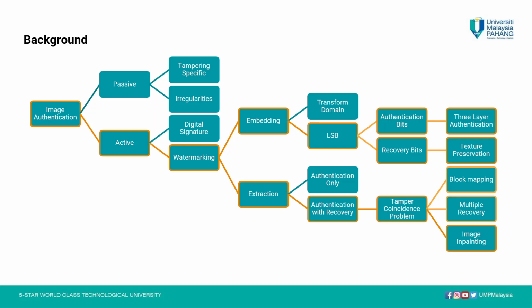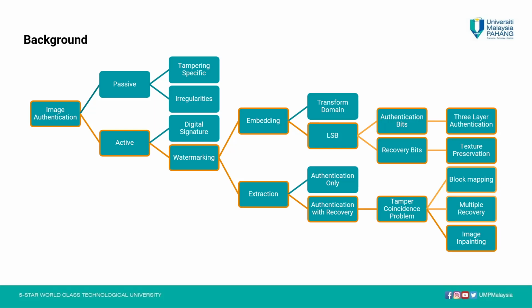The other technique is watermarking, where the recovery data and authentication data are embedded into the image itself. So wherever we find the image, as long as the authentication data and recovery data are not lost, in theory we can localize the tampered region of the image and also recover the image.